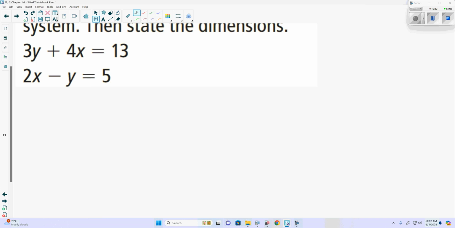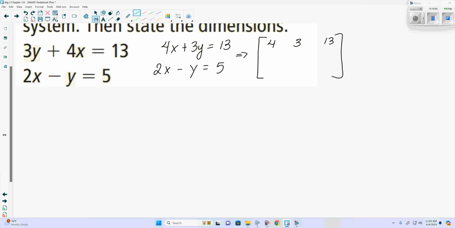All right. Write the augmented matrix, state the dimensions. Well, first equation, again, we got to flip them. 4x plus 3y equals 13. 2x minus y equals 5. Okay. Let's do our first row. 4 for x, 3 for y, 13.